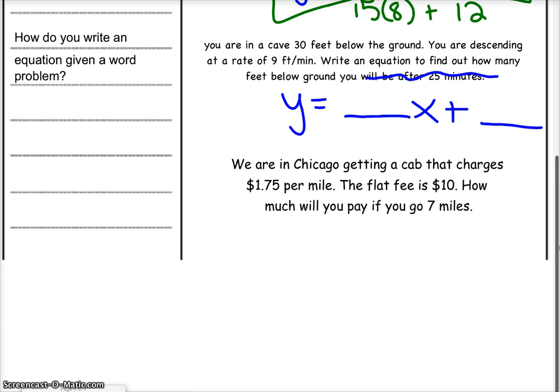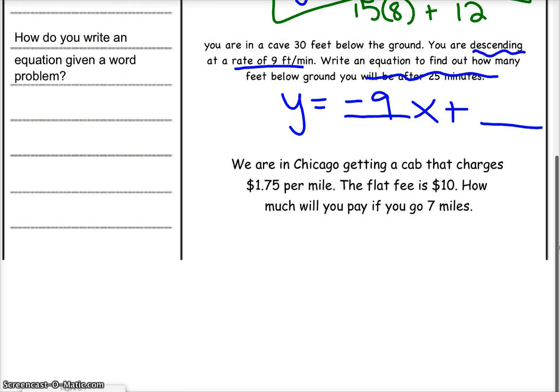30. It said rate of 9. 9 feet a minute, right? So I put 9. But it also, tricky, says descending. If I say that you're descending, are you going up or going down? Down. So it should be negative 9. Oh, little tricky descending word. And my initial, where did I start?